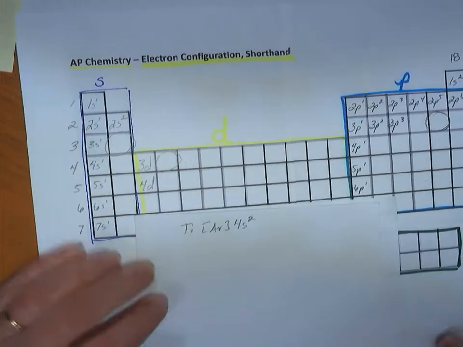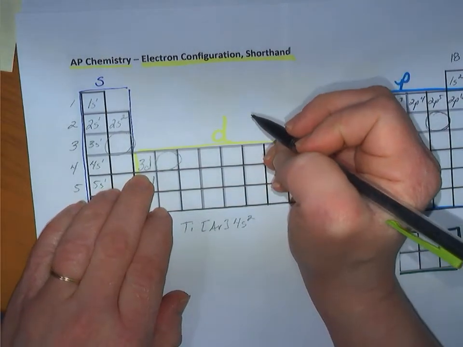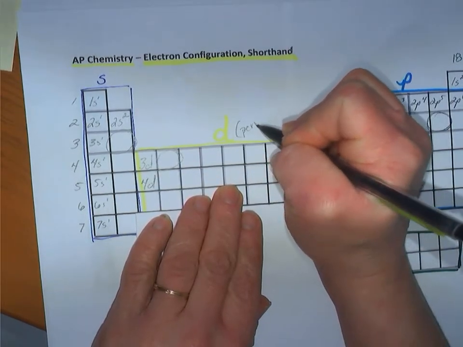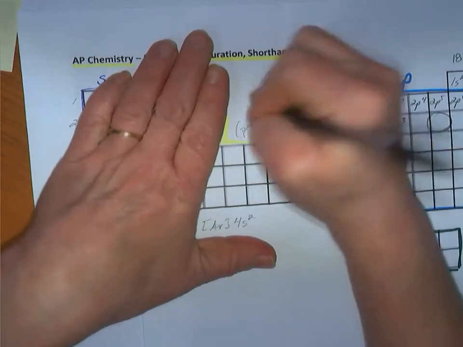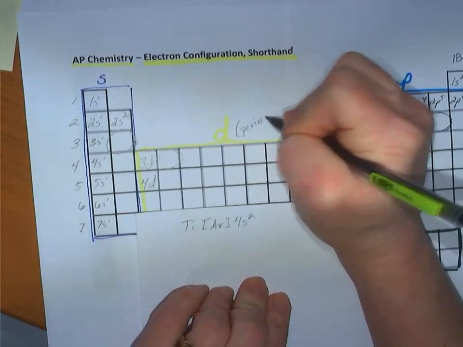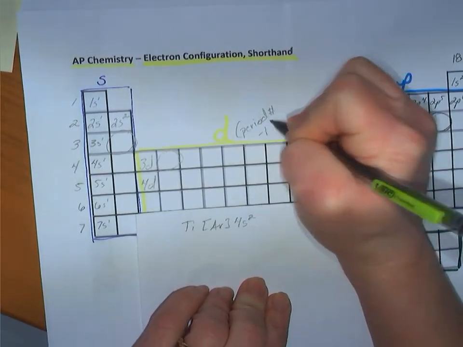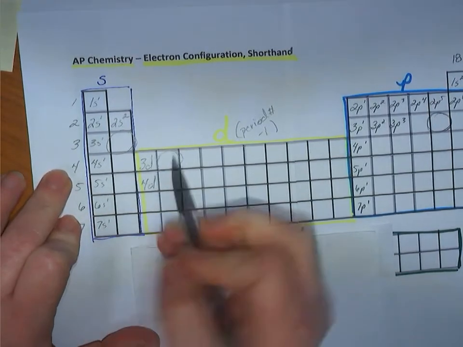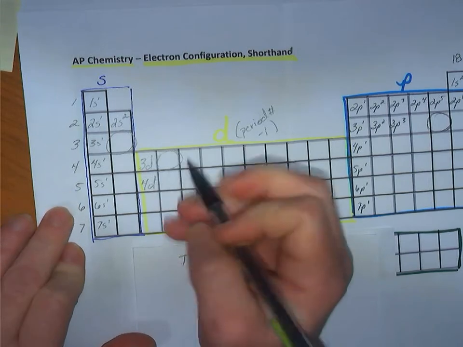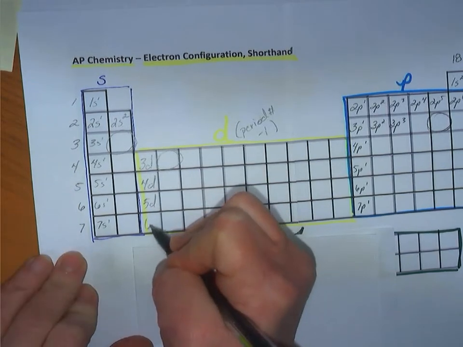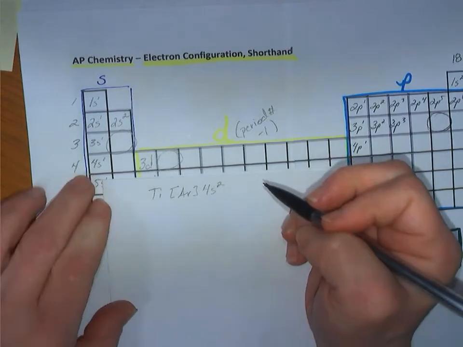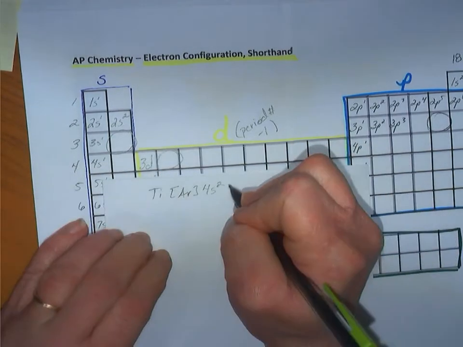So the energy level designation for the D sublevel is the period number minus 1. So in the fourth period, we have 3d, fifth period 4d, then 5d, then 6d. So titanium then is 4s2, 3d2.